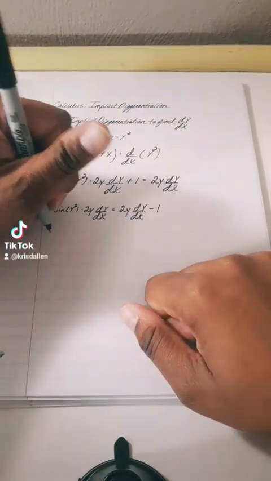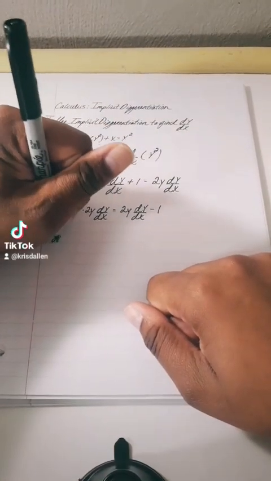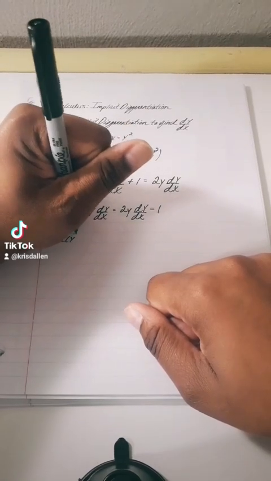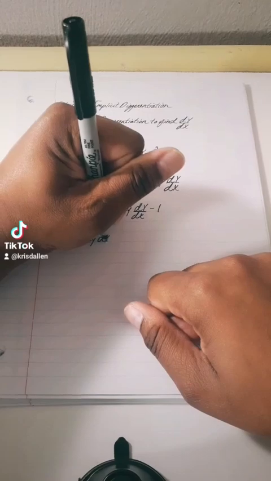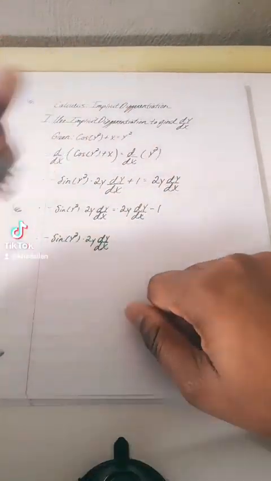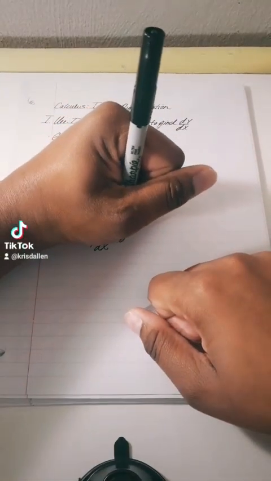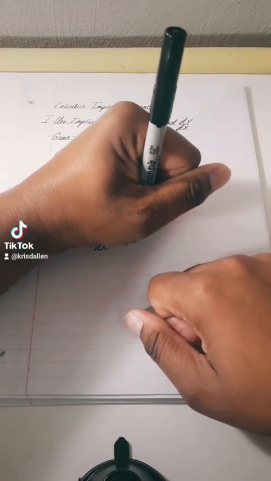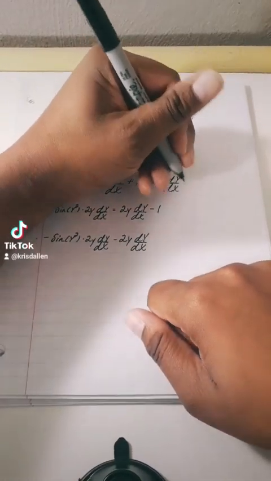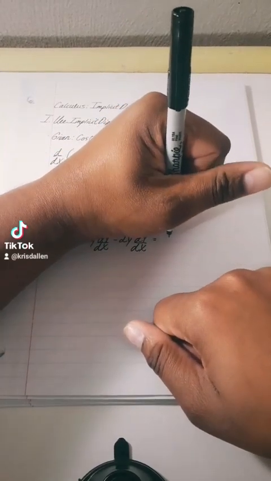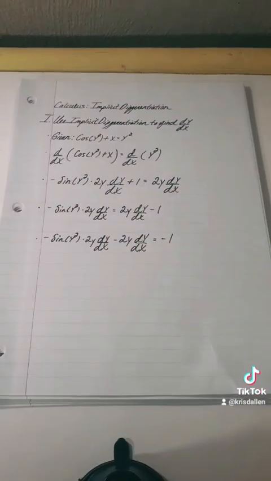Okay, so let's go ahead and do that. So if I do that, I have minus sine of y squared times 2y times dy over dx, and it's going to be minus 2y times dy over dx. And then over on this side, I'll just simply be left with a minus 1.